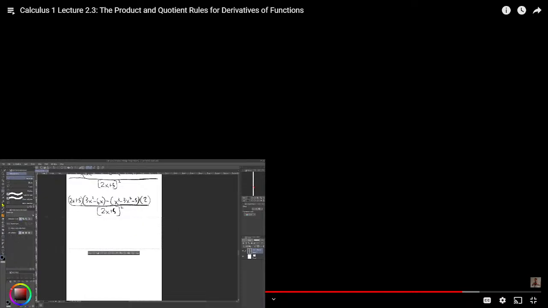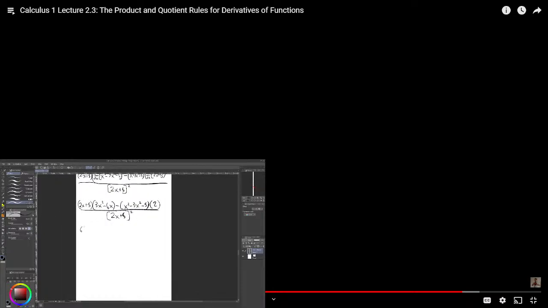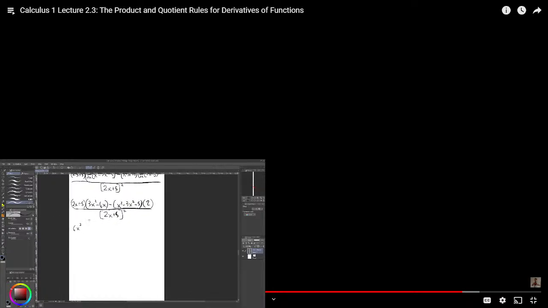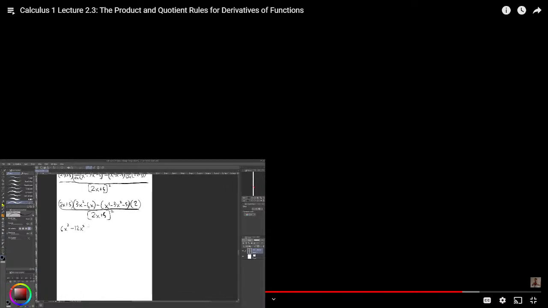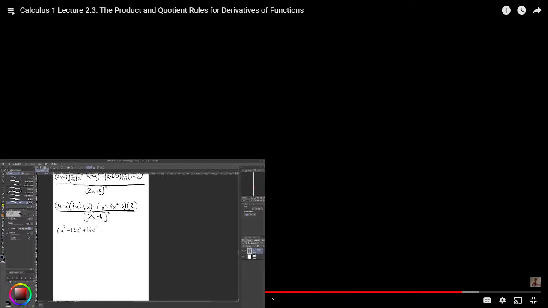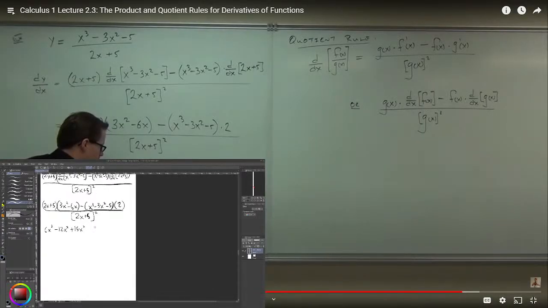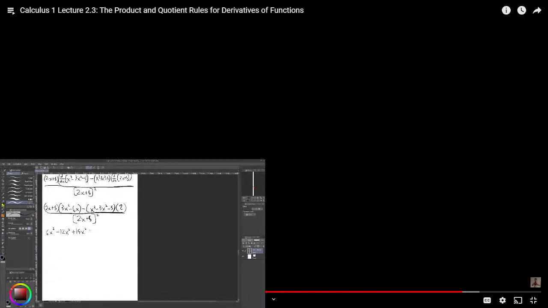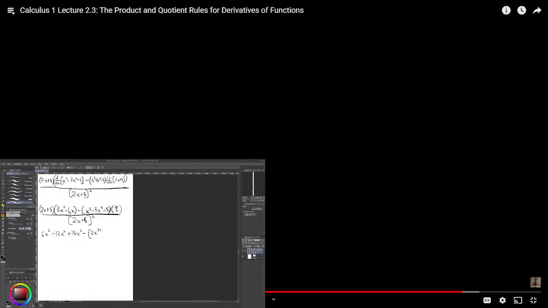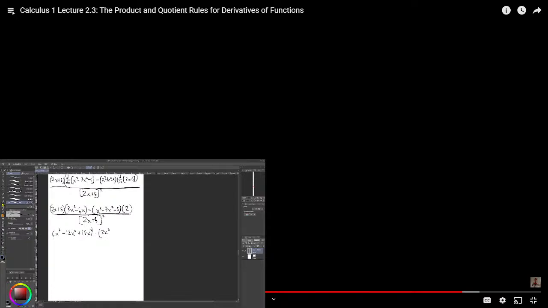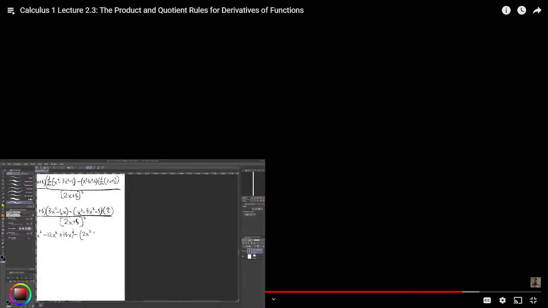Try this again. 6x squared minus 12x squared, plus 15x squared, minus 2x cubed.